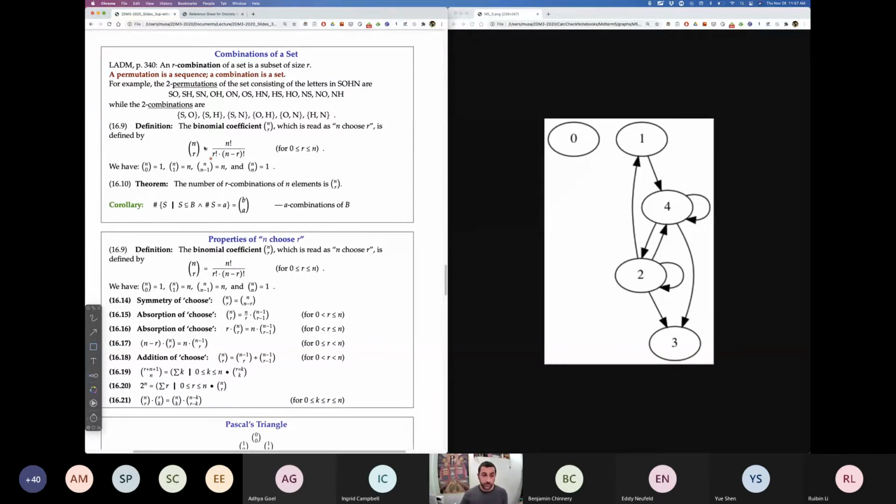Think of B choose A to mean I have a set of size B and I want to pick A many things from it. I'm going to go to the restaurant, and at the restaurant they have B many dishes, and I want to pick only A many of them. If there are N dishes and I'm going to pick 0, how many ways can I pick 0 dishes? There's only one way.